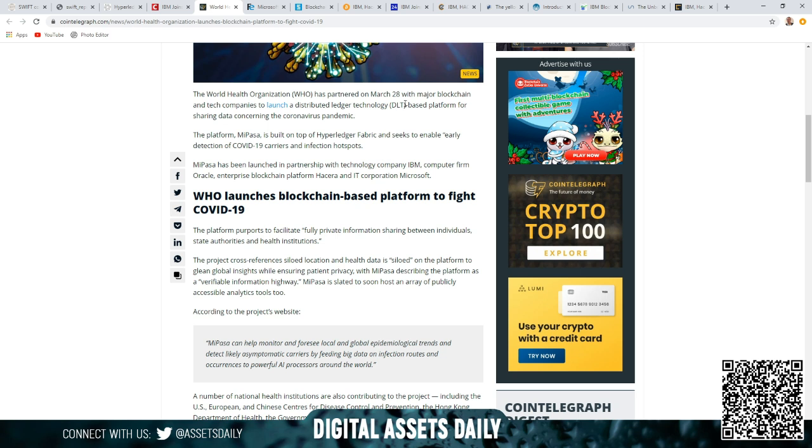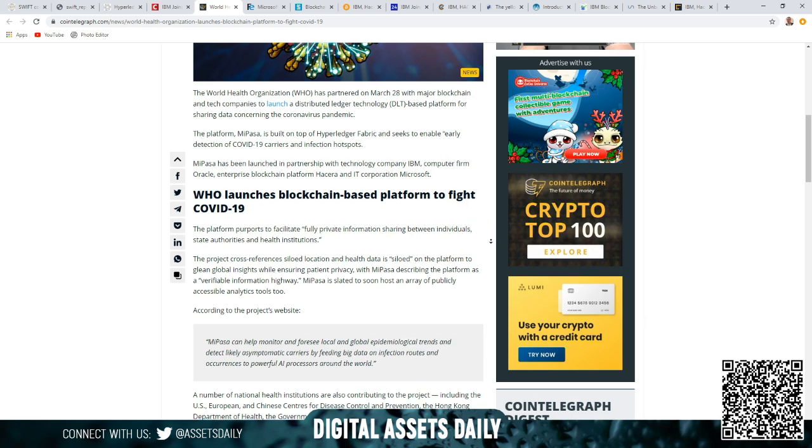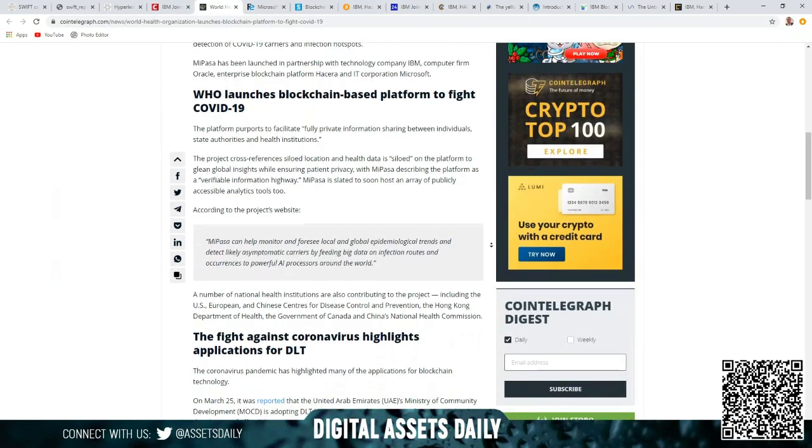They're going through the DLT-based platform. The platform Mipasa is built on Hyperledger Fabric, again, which we already know, directly through IBM and Stellar. Mipasa has been launched in partnership with technology company IBM through Hyperledger Fabric, again, which runs on Stellar. But I think it's great because I want to go into a little bit more of this article.